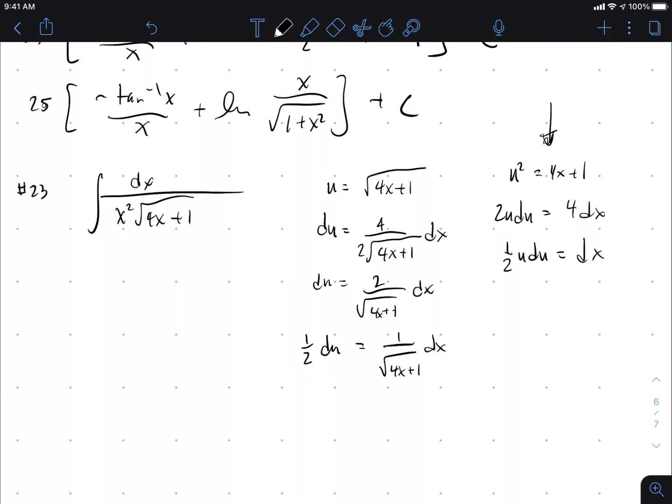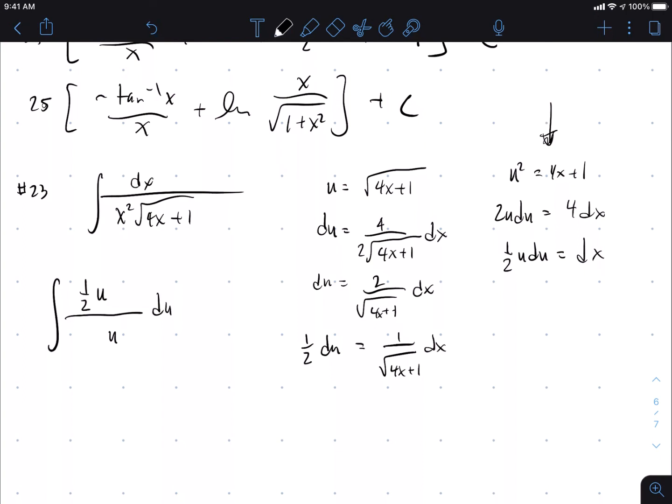Yeah, if you could. Sure. So with the substitution, I'm going to get 1/2 u du, right? That's just the dx piece, correct? Then I have my u from the square root of u piece. Do you agree?